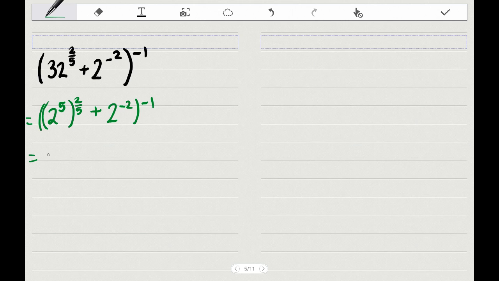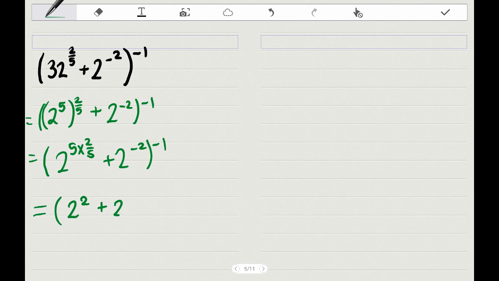Okay, let's get rid of these brackets. We're going to multiply the 5 and the 2 fifths, plus 2 to the power of minus 2, minus 1. 5 times 2 fifths, that 5 cancels out in the denominator, leaving you with just 2 to the power of 2, plus 2 to the power of minus 2, minus 1.